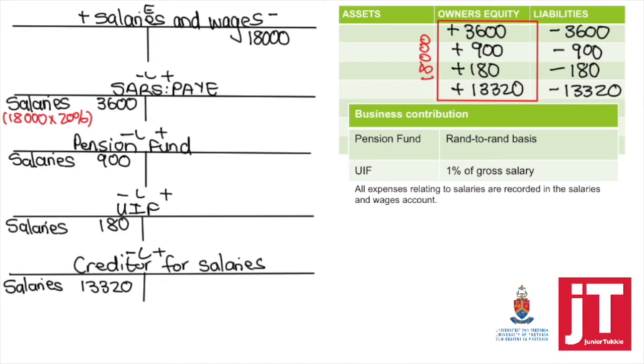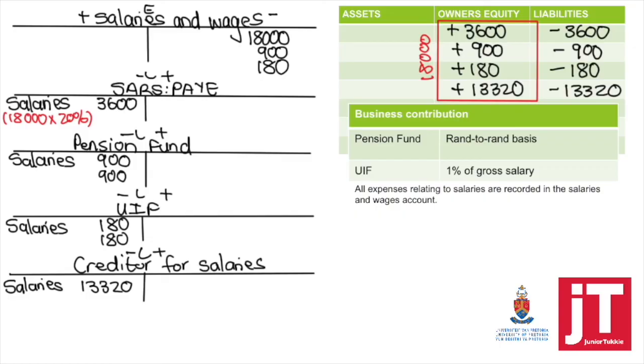If I'm looking at the contributions, all expenses relating to salaries are recorded in the salaries and wages account. So the pension fund, we contribute on a rand for rand basis, and the UIF is 1% of the gross. It means that pension fund, if 900 was deducted, 900 is contributed, which we owe less to the fund account. So pension fund debited, salaries and wages credited. The UIF, if 180 was deducted, 180 is contributed.